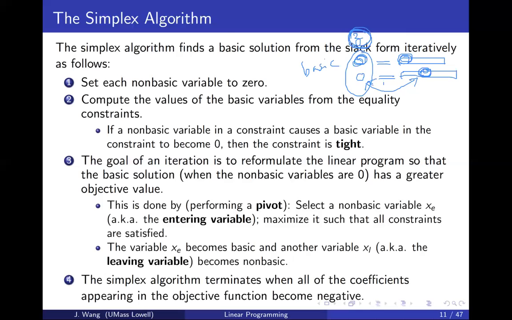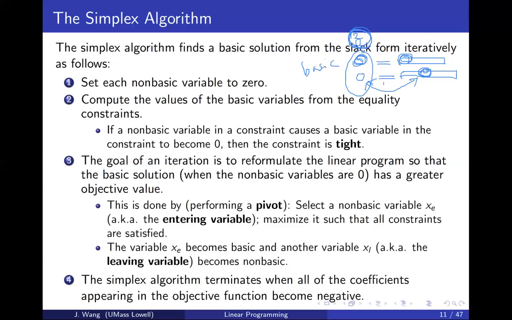Hopefully, along the way, we can make the value of z bigger and bigger. So when is it going to stop? When all the coefficients in this objective become negative, then there is no room for maximization anymore. Then we stop. So this is the idea of the simplex algorithm.